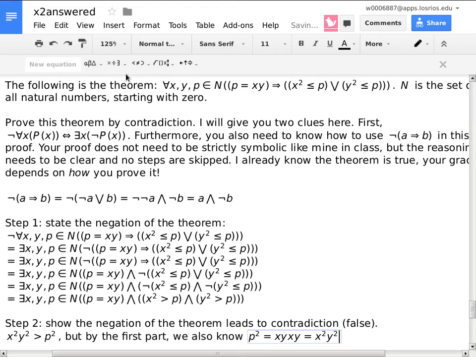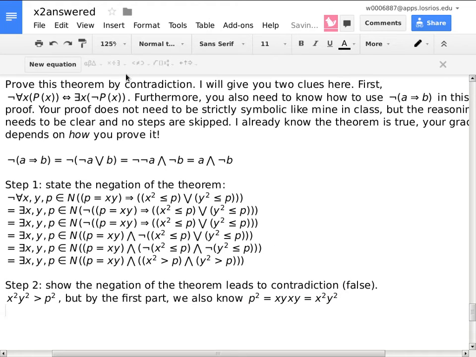Now, this seems really wrong to begin with, right? But what we can do now is to say p squared is the connection, because we know that x squared y squared is greater than p squared. We also know that x squared y squared equals p squared. So the actual contradiction is this part here.